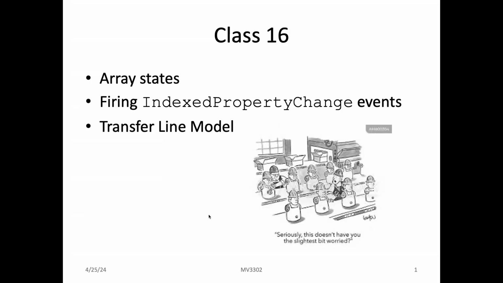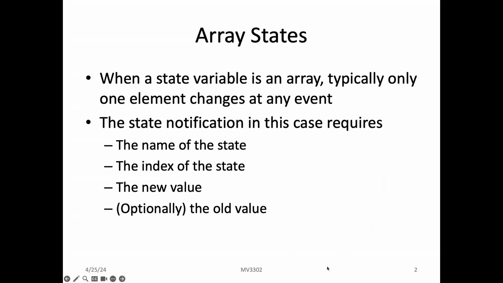Okay, so array states, and where we're headed is this full-blown transfer line model. I've mentioned this before, but it bears repeating. When we have a state variable that's an array, typically only one element of that array is going to change at a time. That's kind of by the nature of these events. As we'll see in the transfer line model, one of the array states is going to be a container of queues.